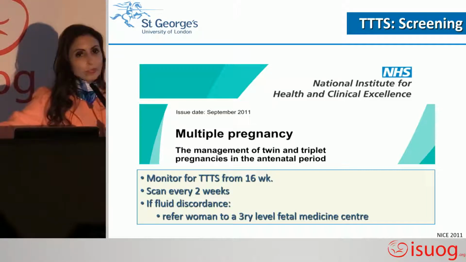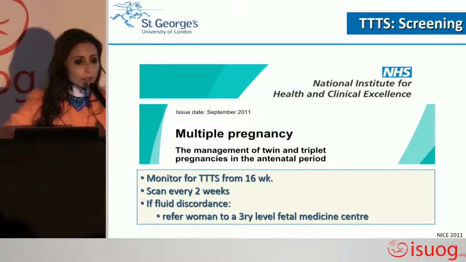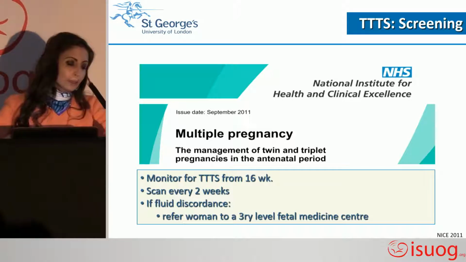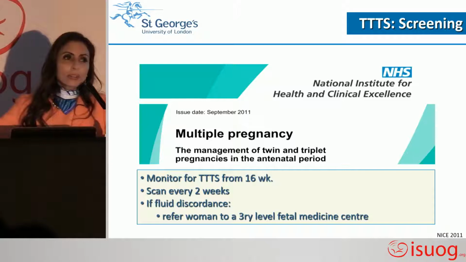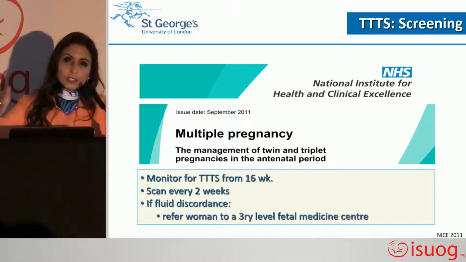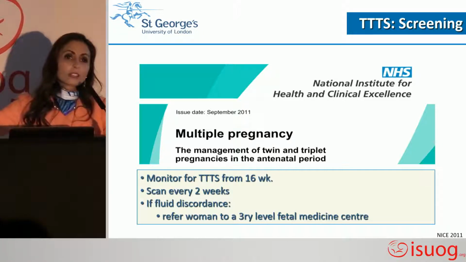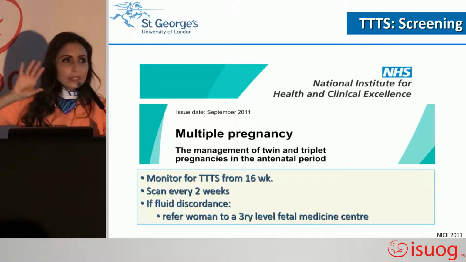the team from Tampa here and myself are members. We sit on the NICE guideline update committee, and we spent a long time debating between screening and monitoring. Because what we're doing is actually monitoring, is it? You're monitoring for the development of TTTS by measuring the deepest vertical pocket. While the concept of screening is different.